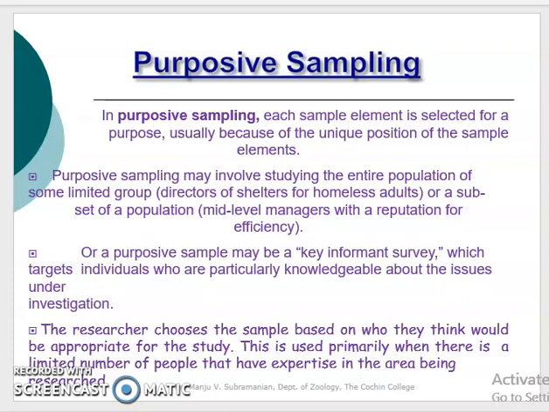That is, the researcher chooses a sample based on who they think would be appropriate for the study. This is used primarily when there is a limited number of people who have expertise in the area being researched. So based upon the purpose of the study, we choose the sample. That's called purposive sampling.